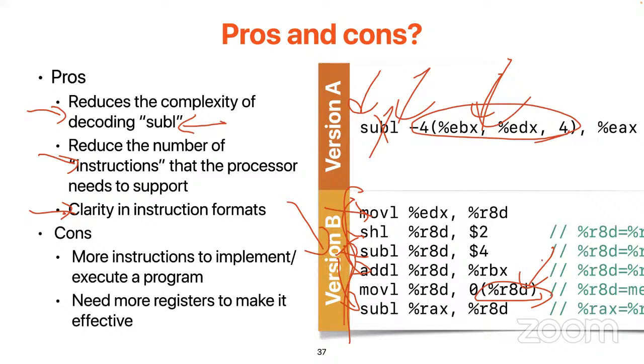However, for the programmer, it takes more instructions to execute the program, and you need more registers to make it effective. So that's also one drawback on the hardware side. So there is no perfect interface, like our debate earlier on the car.